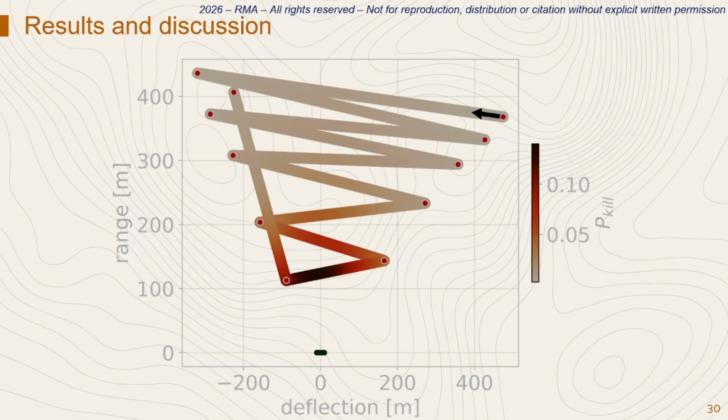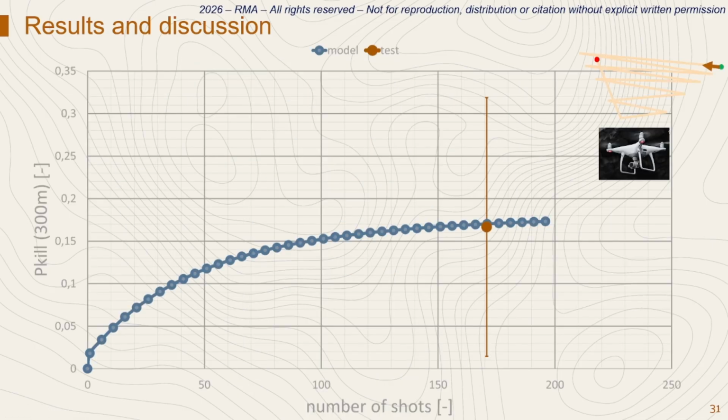It just says that the closer the target comes to the 5 operators, the higher the kill probability will be. Now, the utility of the tool comes when we can generate a lot of simulations for a varying number of shots, for example. In this case, we're looking at the kill probability for a target positioned at a distance of 300 meters. In the numerical simulation, we're going to vary the number of shots.